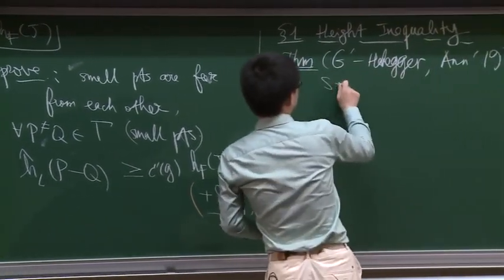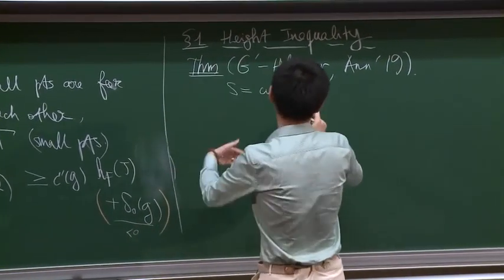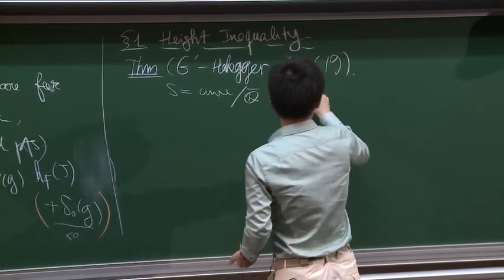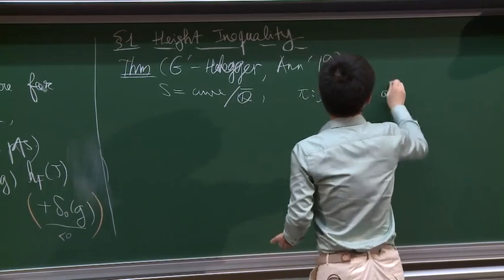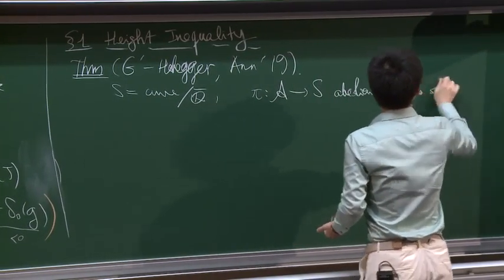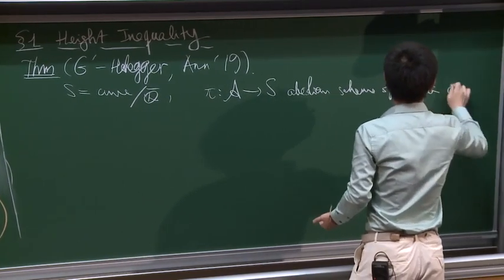So let S be a curve, again smooth but not projective, defined over Q bar, and let A to S be an abelian scheme of relative dimension g.